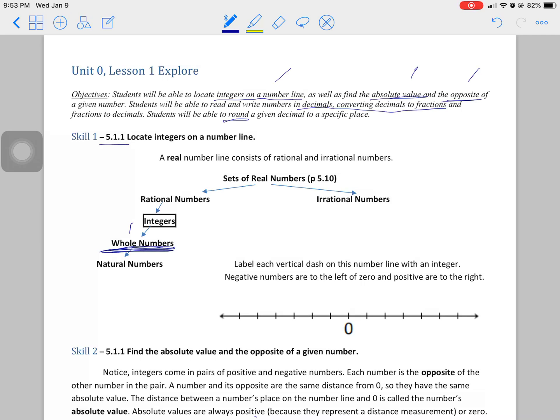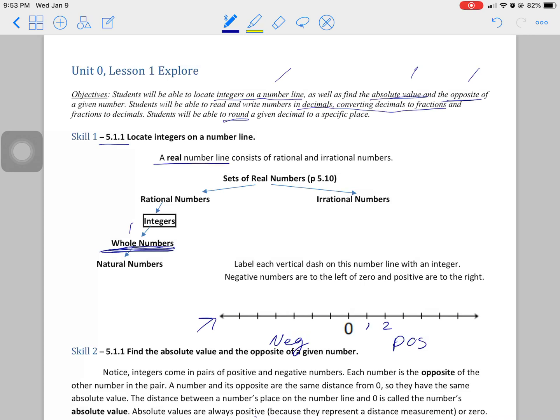Excuse me, 5.1 in the arithmetic book talks about locating integers on a number line. A real number line consists of rational and irrational numbers. This is a real number line here. Notice we have a little more space to the left of that 0 now. So the positive numbers are on this side of the 0. The negative numbers are on that side of the 0. And I'm just going to write them in here.